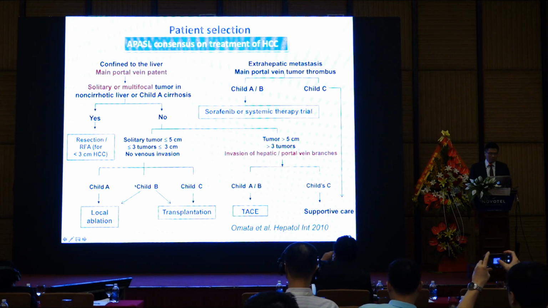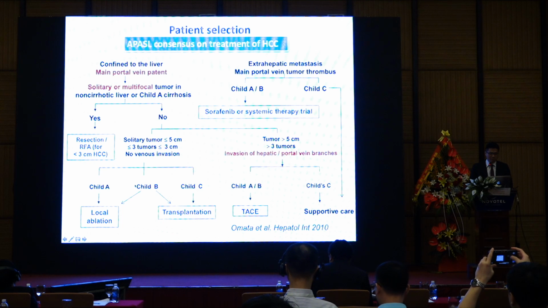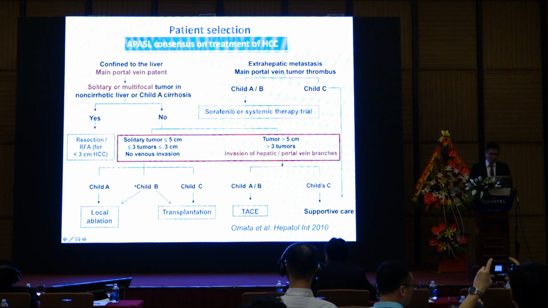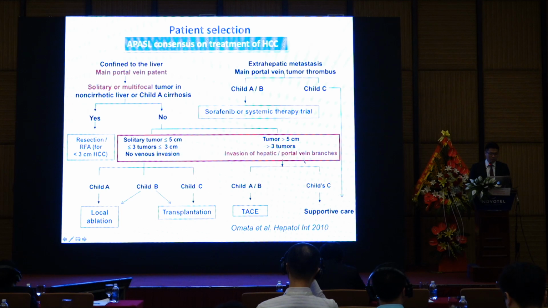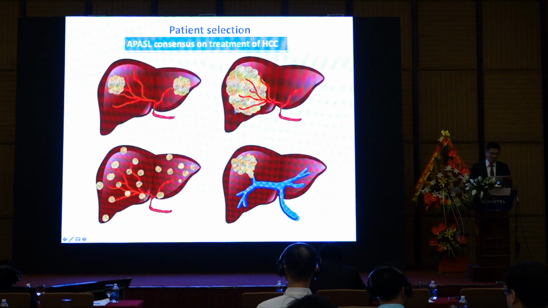Based on the Asia-Pacific consensus on treatment of HCC, we enrolled patients within Milan, and outside Milan with hepatic vein or portal vein invasion, into our patient selection criteria. But I think personally, in a hypervascular medium-sized tumor, if you do the super selection, you usually can get a good response.